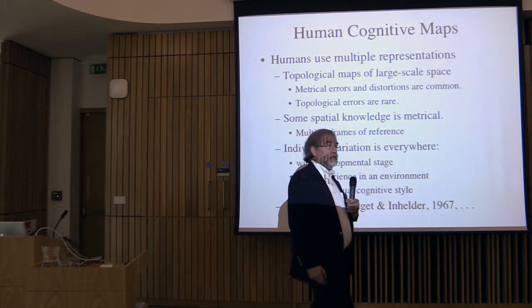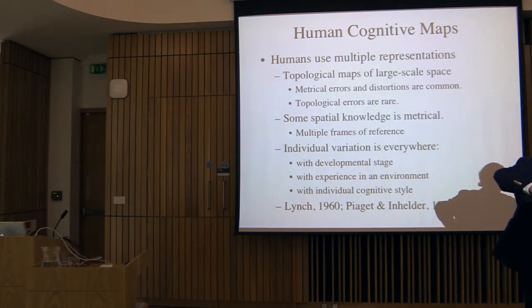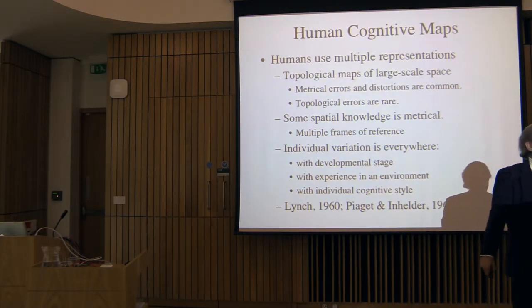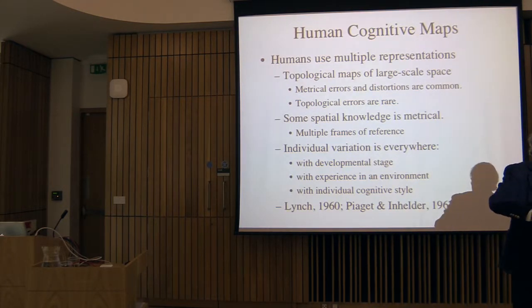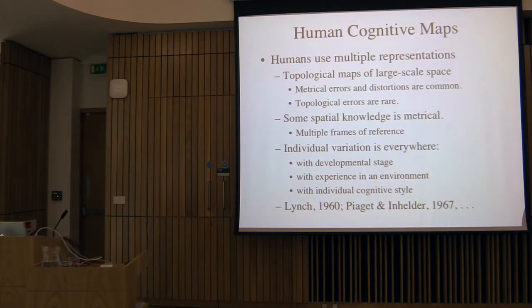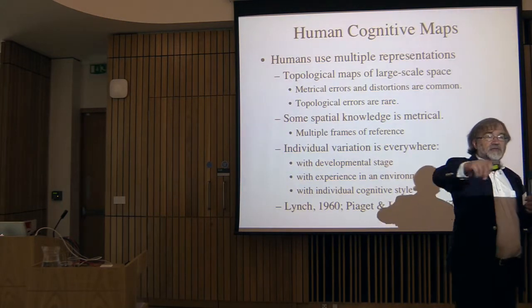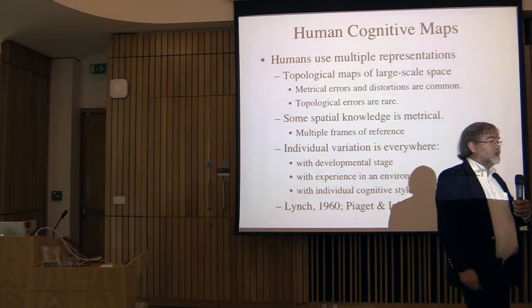So one kind of knowledge that you often see is that people know how to follow a route to get from one place to another. I know how to get between my hotel and this place and back again, and I've been exploring multiple routes. But I might not have a metrical map of that same area. I might simply have the way different places are connected.